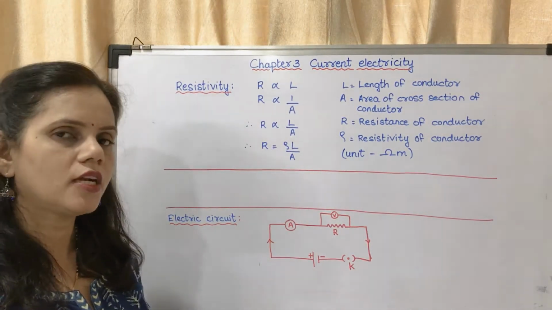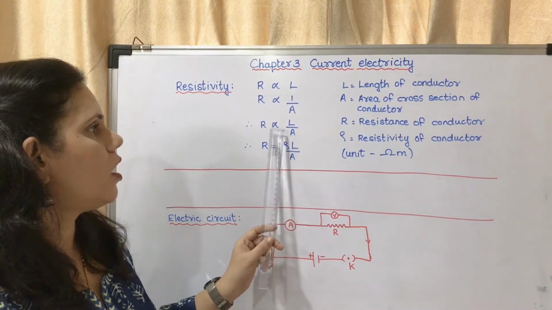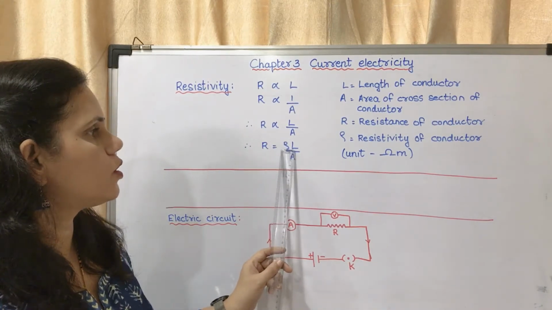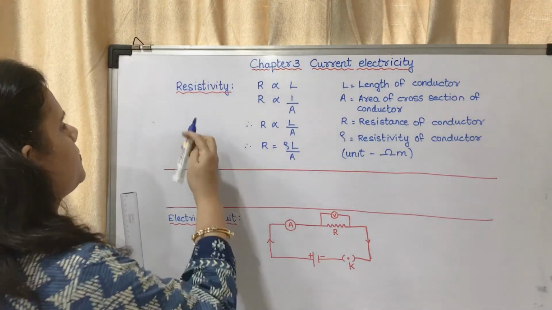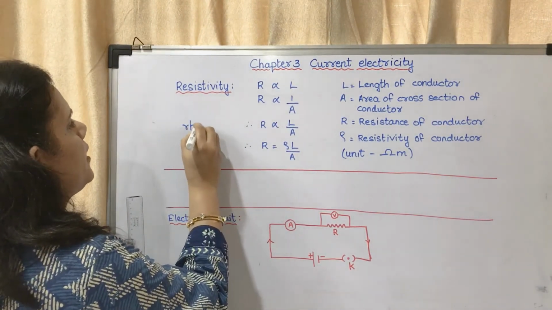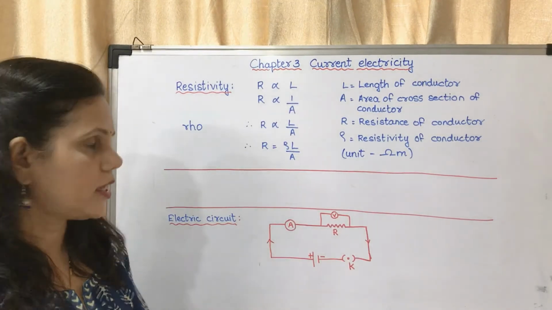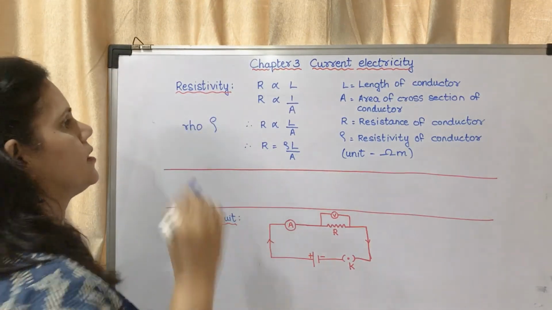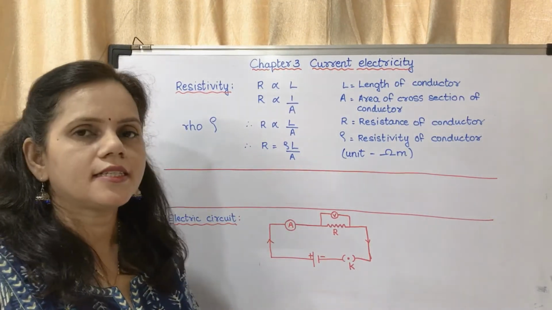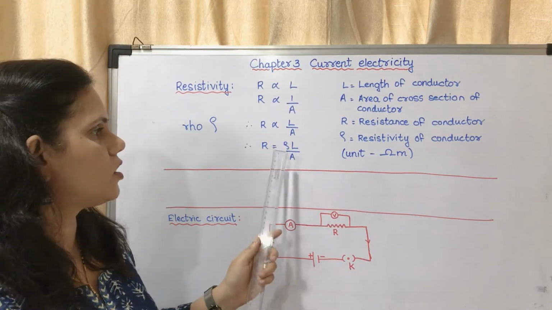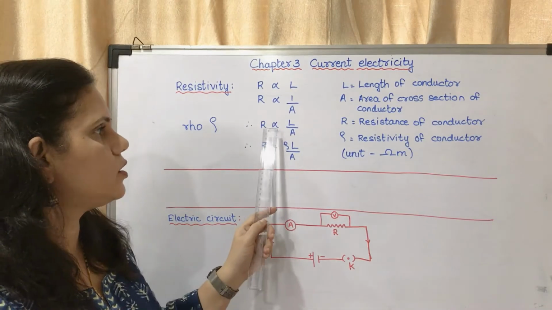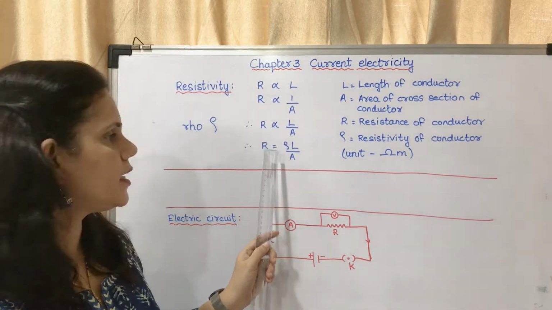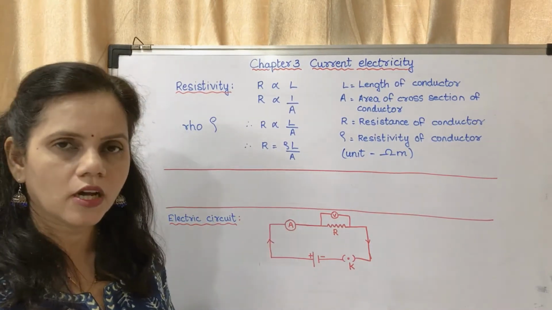R is proportional to L upon A, or R is equal to rho, written like this, rho. It is the constant, that constant into L upon A. I told you that when you convert this proportionality into equal to, you have to put a constant.